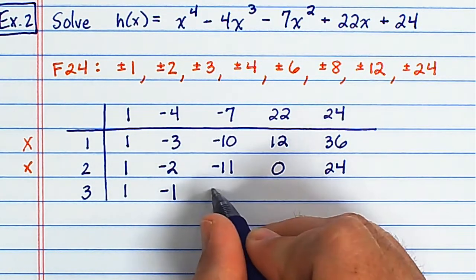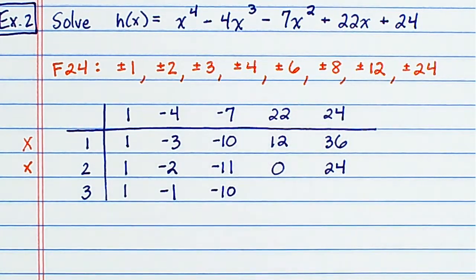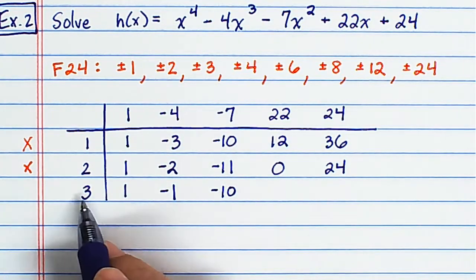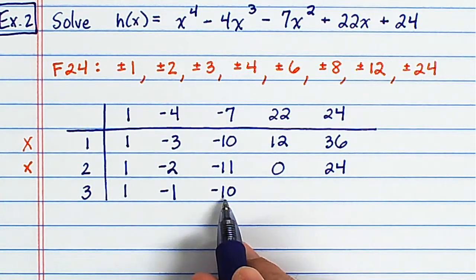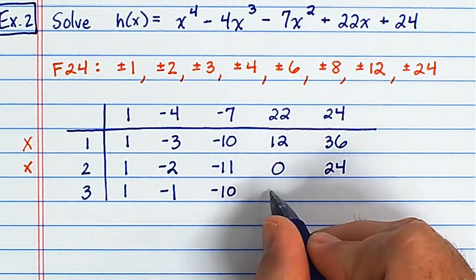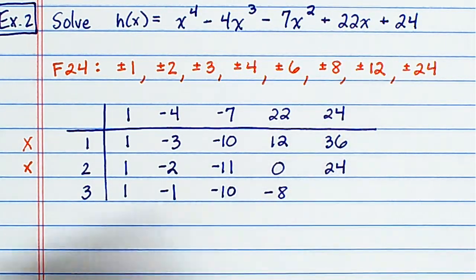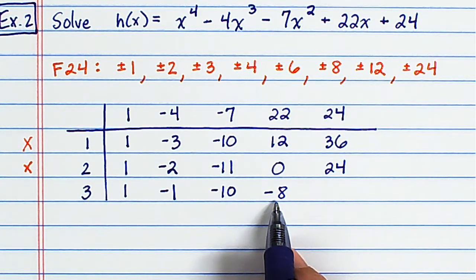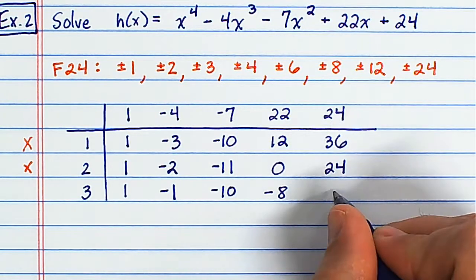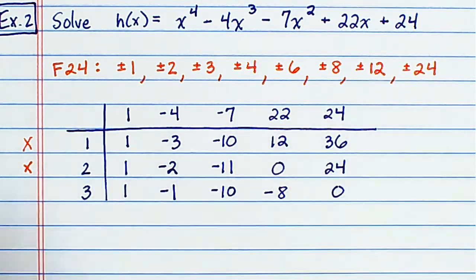Negative 3 plus negative 7 is negative 10. 3 times negative 10 is negative 30. Negative 30 plus 22 is negative 8. 3 times negative 8 is negative 24. Negative 24 plus 24 is 0. Check, check. We just found our first factor.